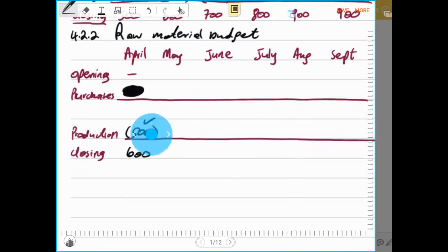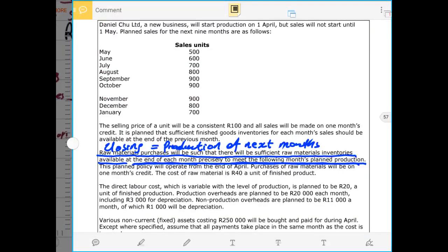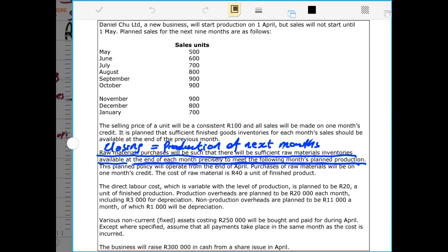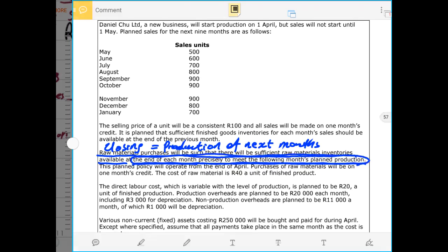It said it should be such that at each and every end of the month, raw material purchases will be such that there will be sufficient raw material inventories available at the end of the month, precisely to meet the following month's planned production, meaning closing is equal to production of next month, as I simplified this to you.